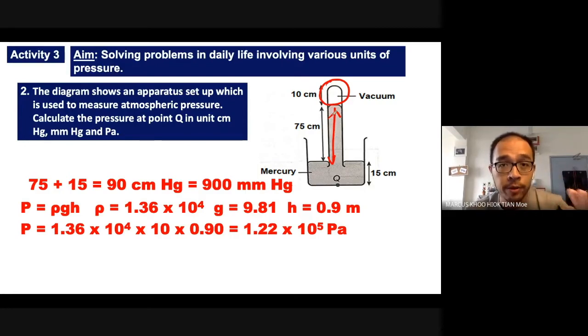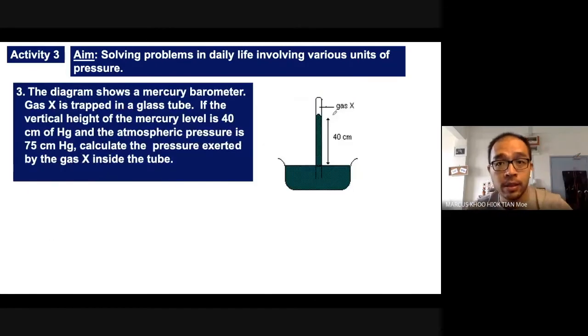That's a very important thing, because in the next example, you see that now in this space over here, there is a gas. And when there is a gas, there is going to be this over here. So my question is, how much is the pressure of the gas, if the atmospheric pressure is 75 centimeter Hg?